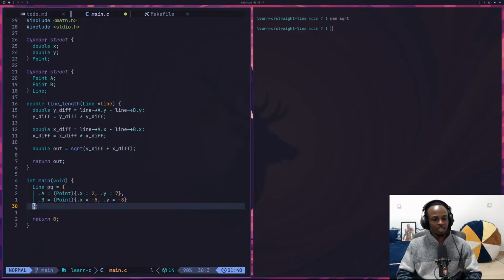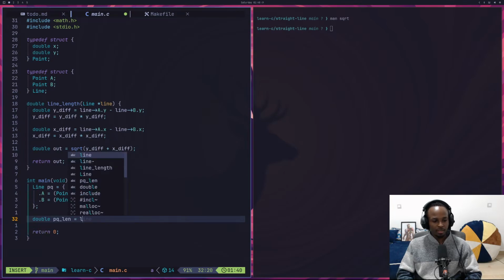Now let's try calculating the length of the line. So we are going to say, let's just have it as pqlen. So pqlen, and we're saying this is going to be a double. So pqlen will be line length, and then we pass in pq. So we pass in a reference to pq.